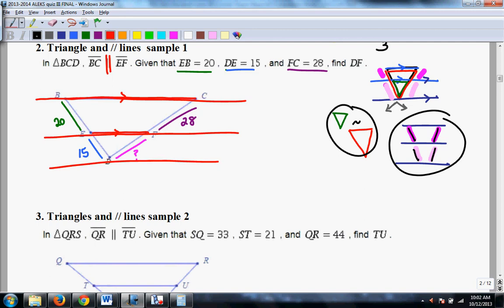So we can make a proportion doing this. We can go this direction if we'd like, top, bottom, 20 over 15 equals 28 over our unknown.